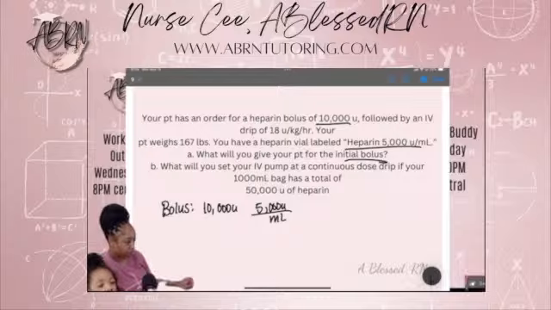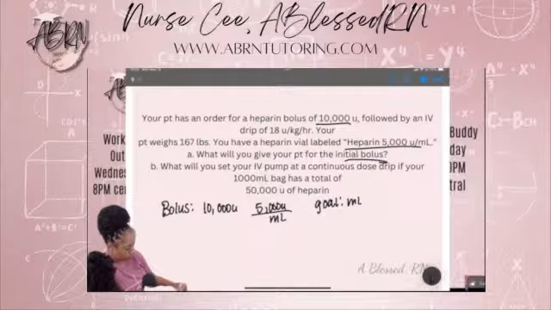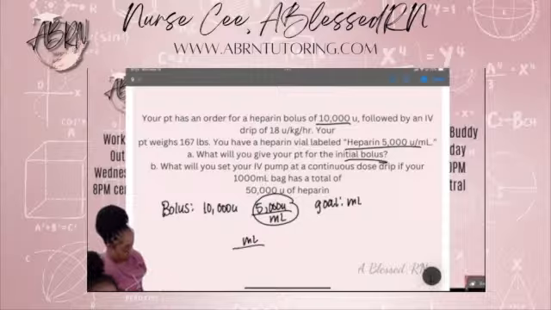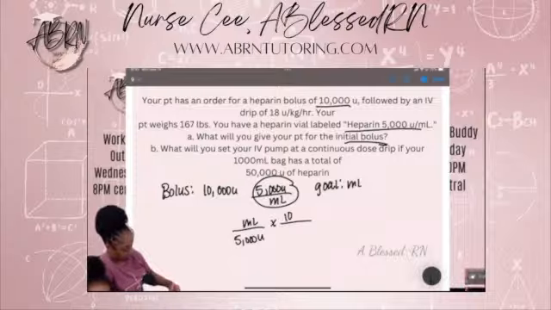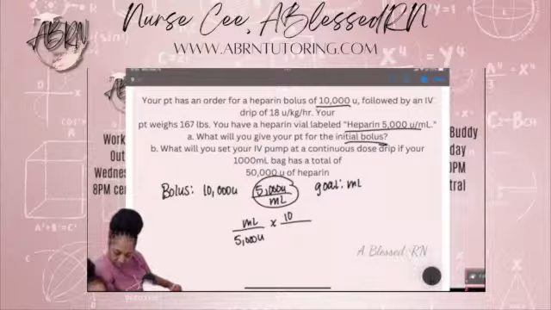If we're looking for milliliters, because we want to draw that up and give it to our patient, we'll use this puzzle piece. So we'll put milliliter on the top and 5,000 units on the bottom.